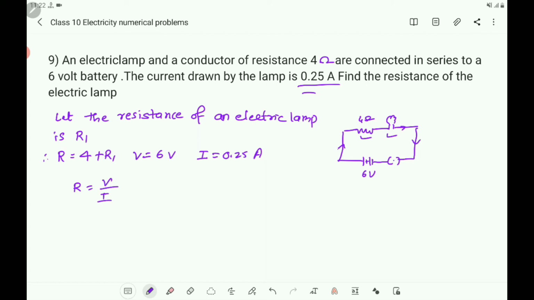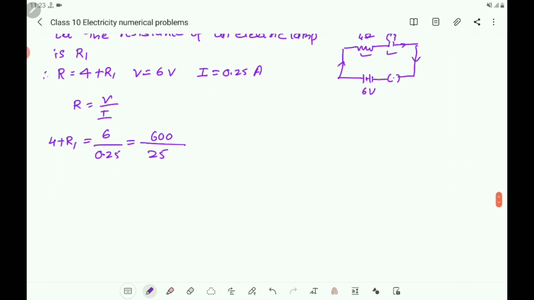Then here R we have taken as 4 plus R1. 4 plus R1 equals 6 by 0.25. Here you remove the decimal point, so make it 25, then 6 becomes 600. As two digits are removed in the denominator, take two zeros in the numerator.